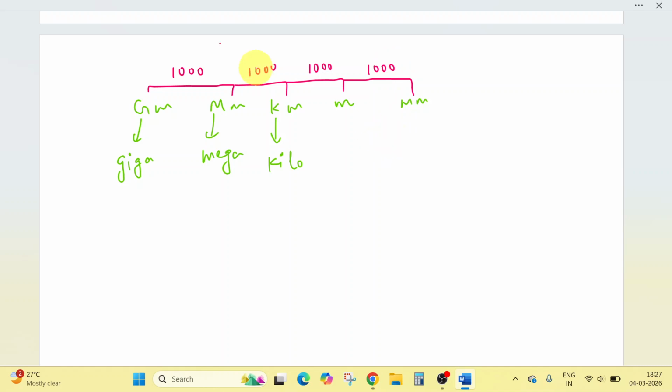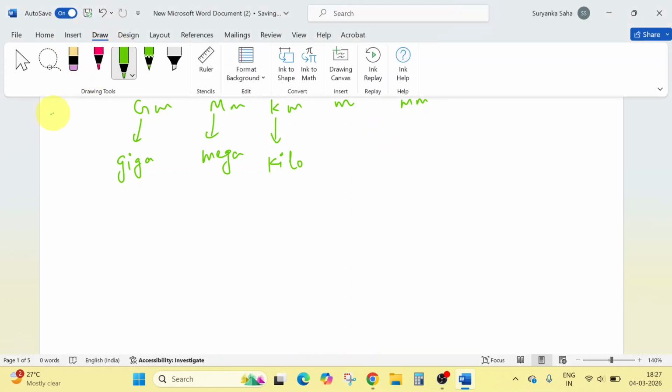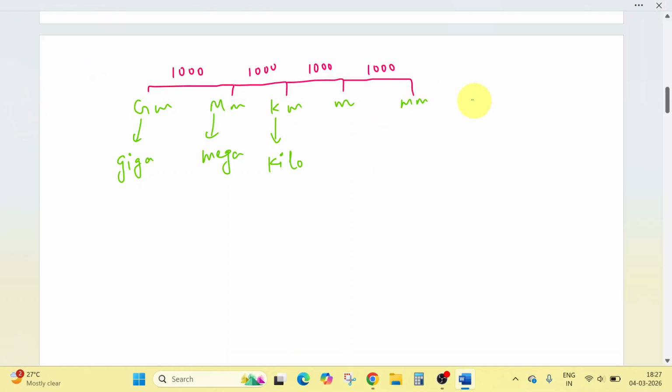Understood. Now can you tell me the smaller units on the right side of millimeter? Micrometer or micron. It is indicated in this shape, μ. This side is extended a little bit below. It is micrometer or micron. Understood? Micron, MICRON. Micron or micrometer, same.